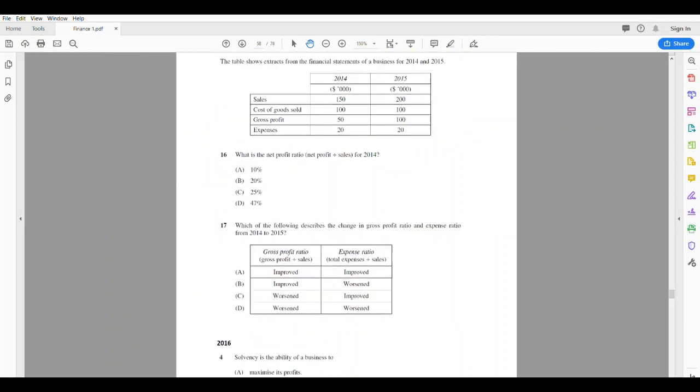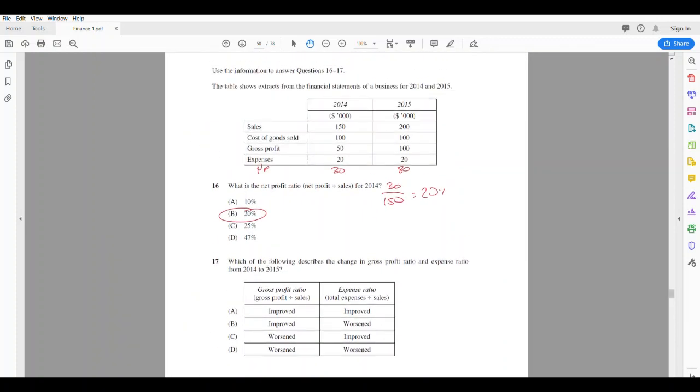Now, this is going to get a little bit harder. Okay, and we're going to refer to the gross profit ratio and expenses ratio. Expenses pretty much signifies the difference between gross profit and net profit ratio. So we will calculate our gross profit ratio for 2014 and 2015. Gross profit ratio, let's calculate it.